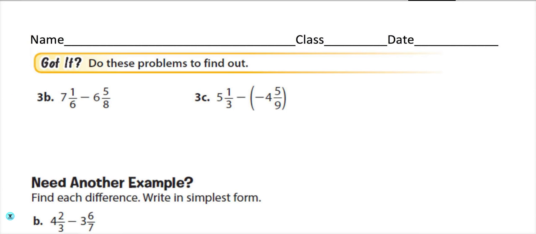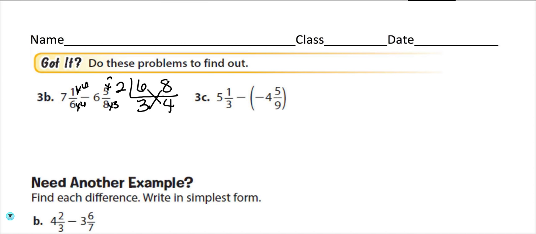All right, let's try these by yourselves. And let's take a look. Okay, so we have 7 1/6 minus 6 5/8. So let's make our little box. All right, so we have to multiply by 4 and by 3.